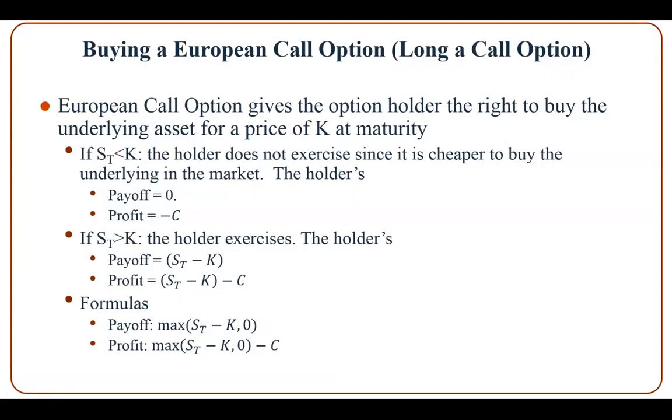If the underlying asset price is less than K, the holder does not exercise because it is cheaper to buy the underlying asset in the market, the holder's payoff is 0 and the profit is negative C. If the asset price at time T is greater than the strike price K, then the holder exercises, and the payoff is ST minus K and the profit is ST minus K minus C. And in general, the formula for the payoff is max of ST minus K and 0, and for the profit is max of ST minus K and 0, minus C.